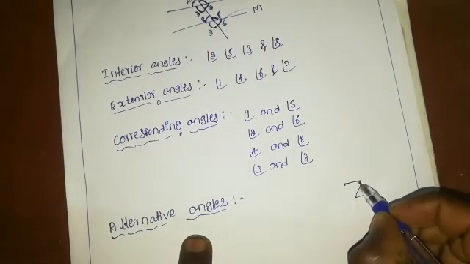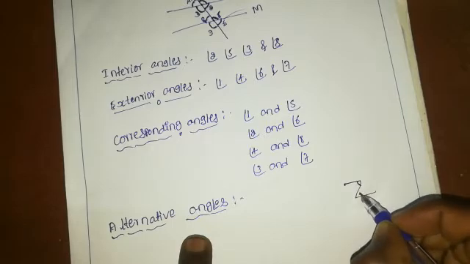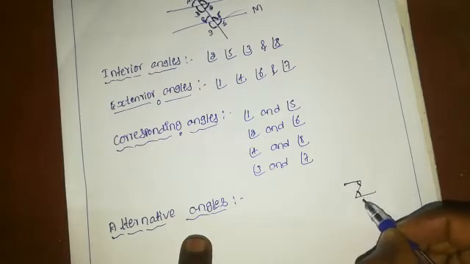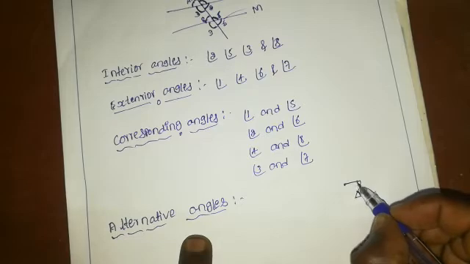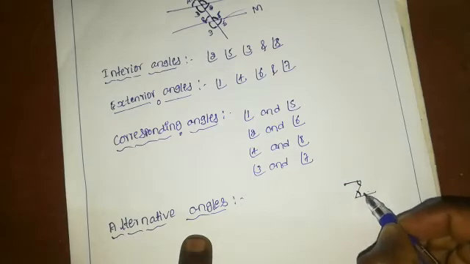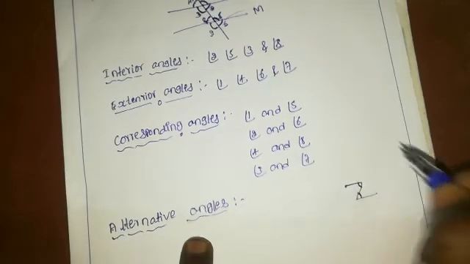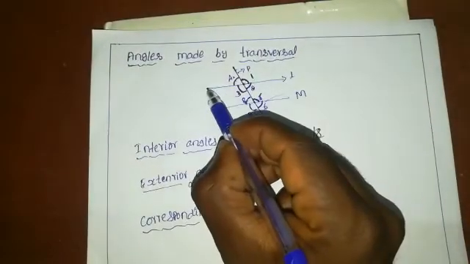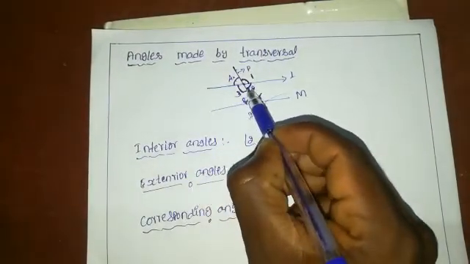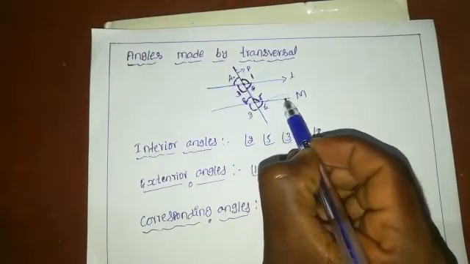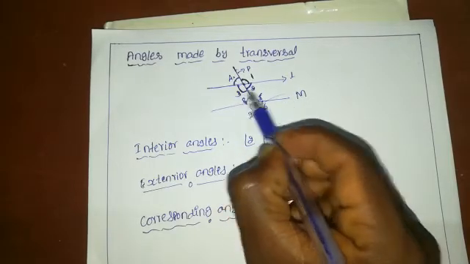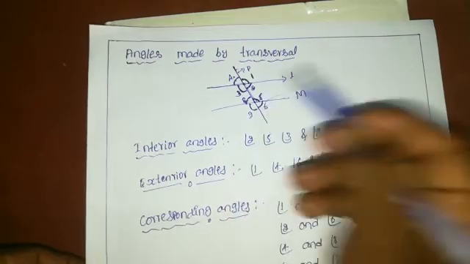For this angle, this is the alternative angle. Like this, by observing here, this looks like a Z shape. Here angle 3 and angle 5 are the alternative angles.